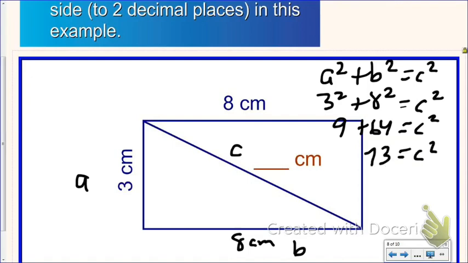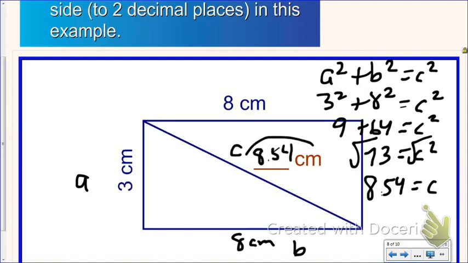So the answer is going to be the square root of 73. And that comes out to 8.54. Okay, so that was a picture that was a lot easier to understand.